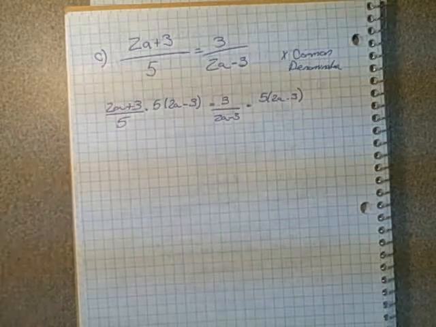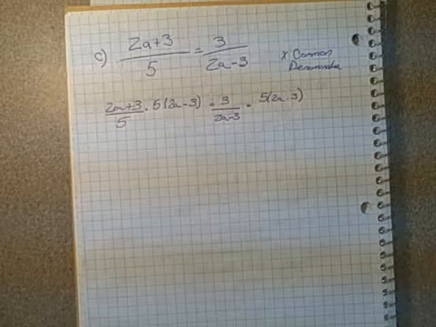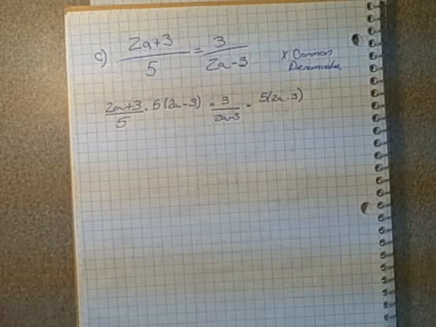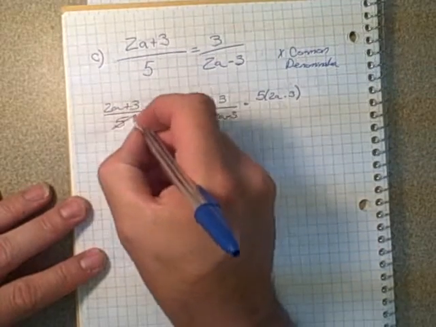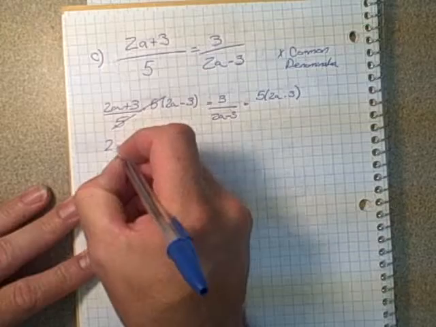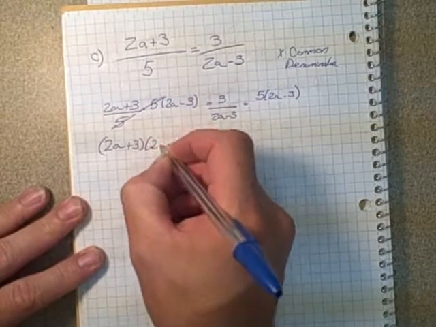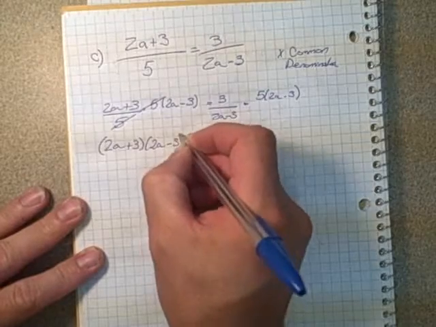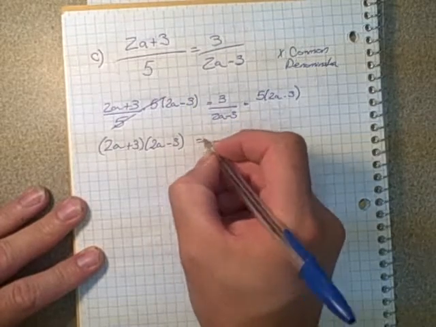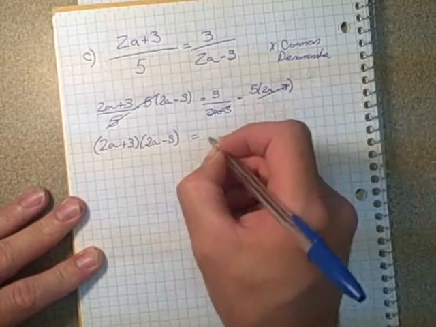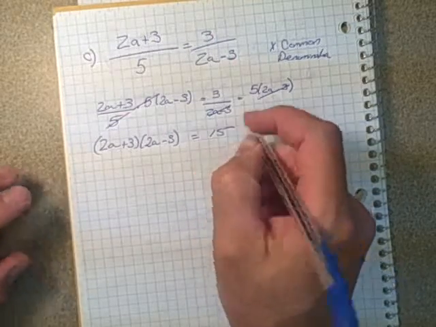And then we can work it out. So if I work this out, the 5s cancel. So we've got (2a plus 3) multiplied by (2a minus 3). And that's going to equal, these 2 things cancel out, and gives us 15 here.